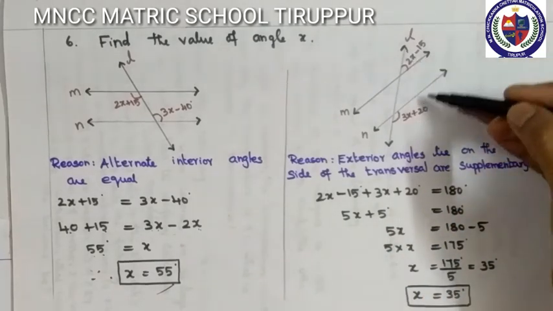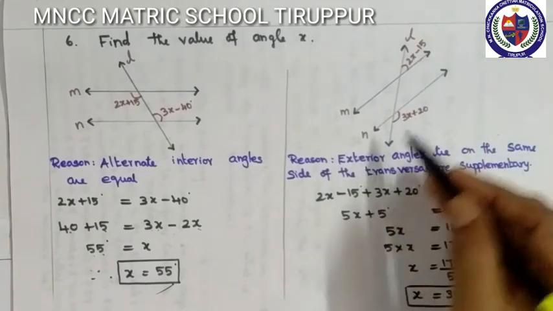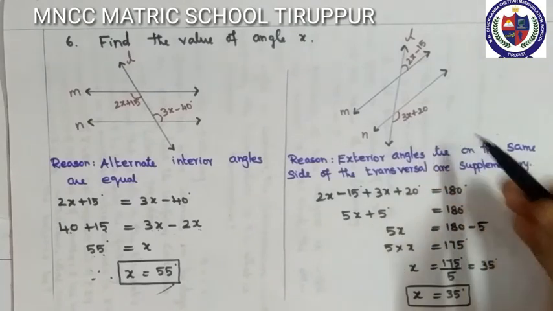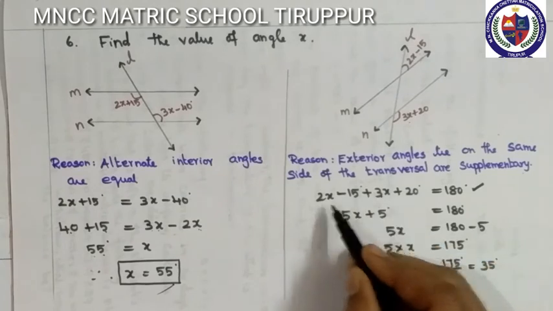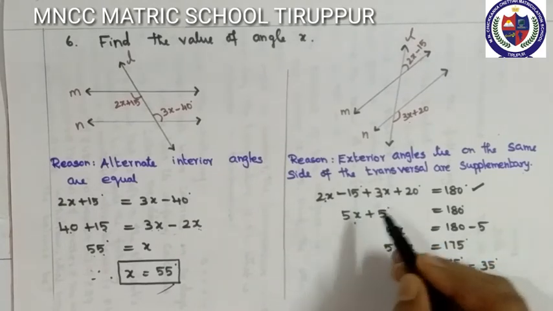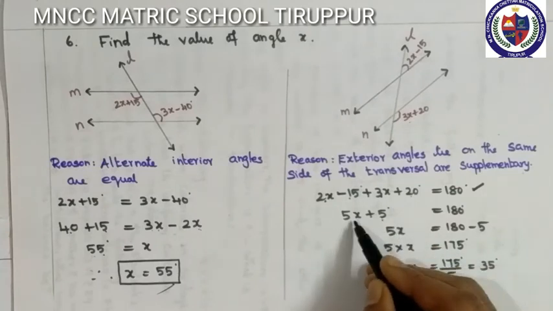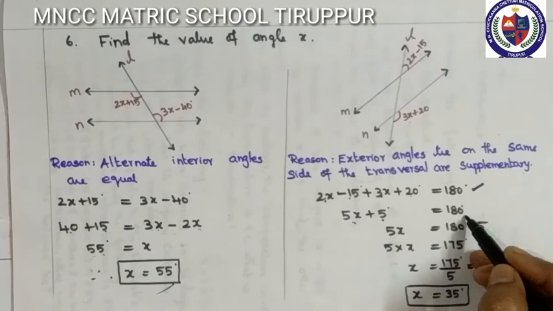So these two angles sum to 180 degrees. 2x minus 15 plus 3x plus 20 equals 180 degrees. First add 3x plus 2x, 5x. 20 minus 15 is 5. So 5x plus 5 degrees equals 180.